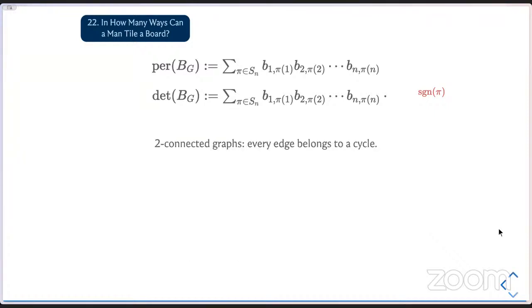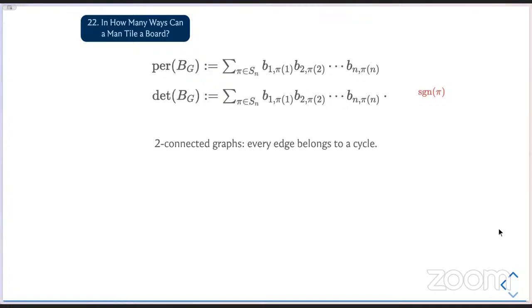Okay, so we will also restrict our attention to two-connected graphs, because maybe I should have said this up front. This very lofty goal that we have for ourselves is not always doable, because counting perfect matchings is not easy for all graphs.